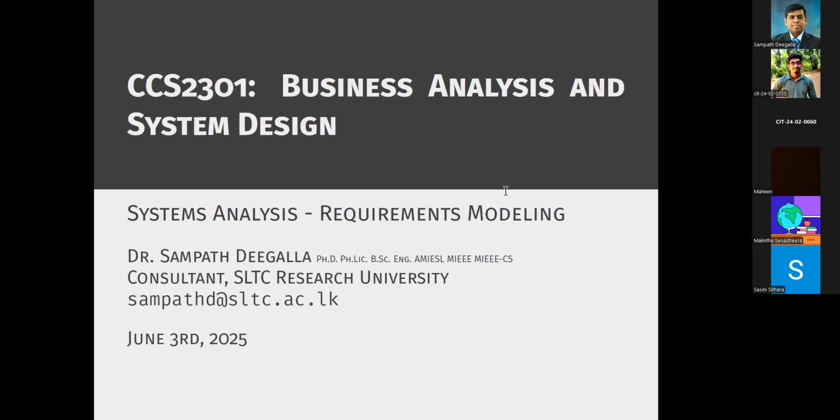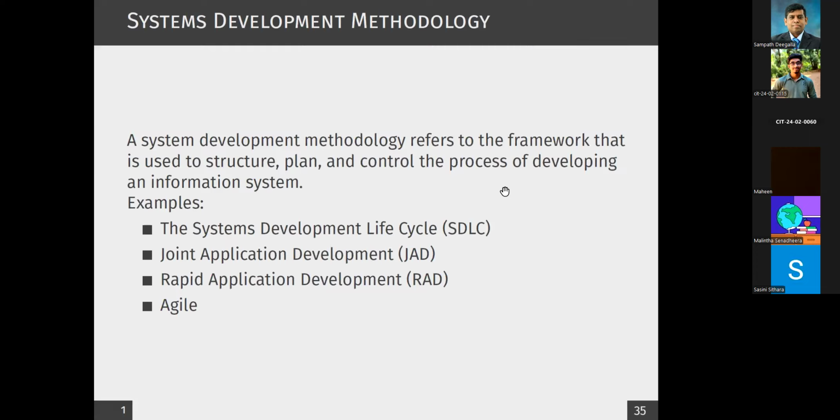So let's start. First of all, the tools and techniques we use depend on what development methodology you are using. Right now, we are discussing the very first one, the structured way to develop an information system.